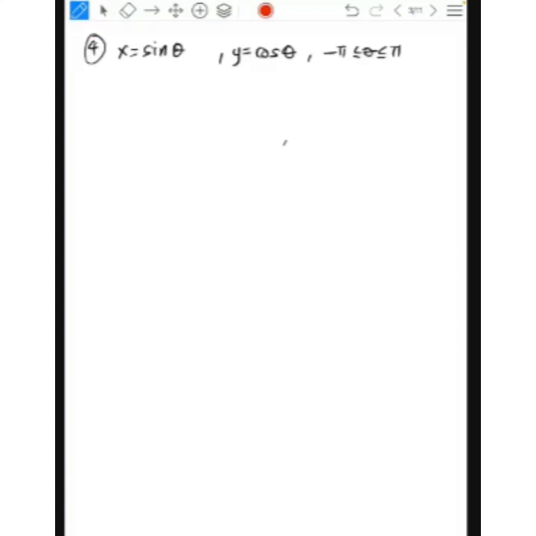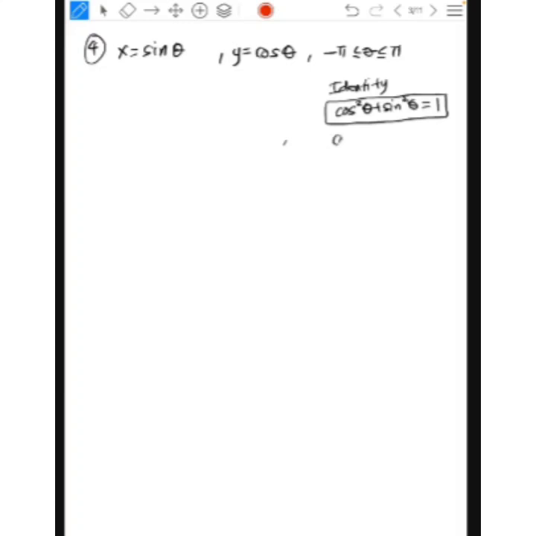Whenever you have trigo in the parametric equations, you have to use this identity: cos squared theta plus sine squared theta equals 1. One more thing: this identity holds if the argument of the cos and sine is the same. It means it's not only theta.